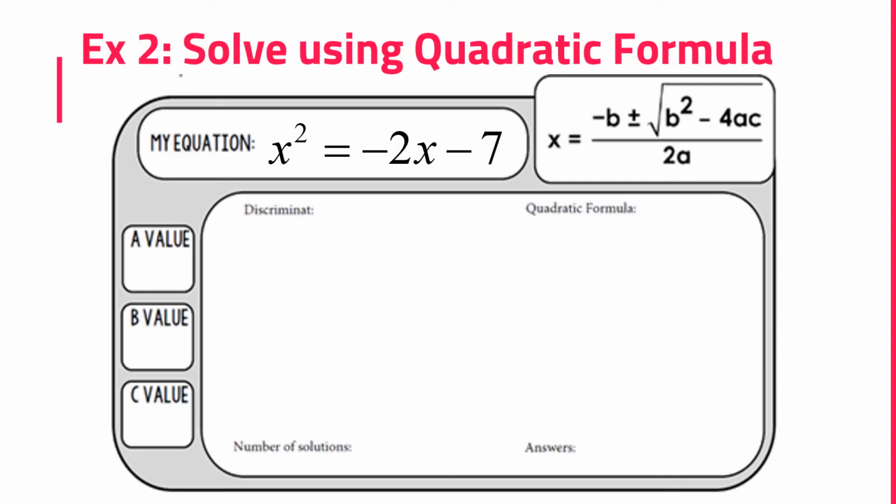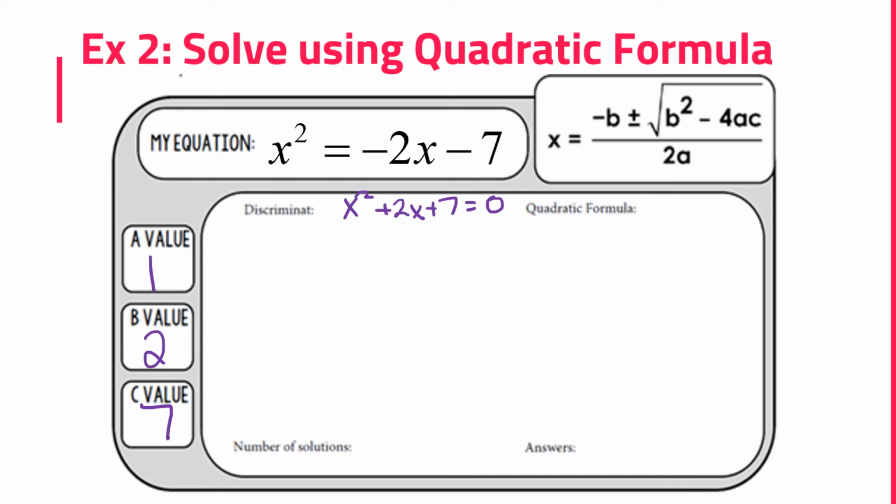All right, let's take a look at example 2. The first thing I notice is I need to write my equation in standard form. So I'm going to kick everything to the left side. So I'm going to have x squared plus 2x plus 7 equals 0. If you can keep that leading coefficient positive, it sometimes makes things a little easier. So let's identify my parts. That means my A value is 1, my B value is 2, and my C value is 7.